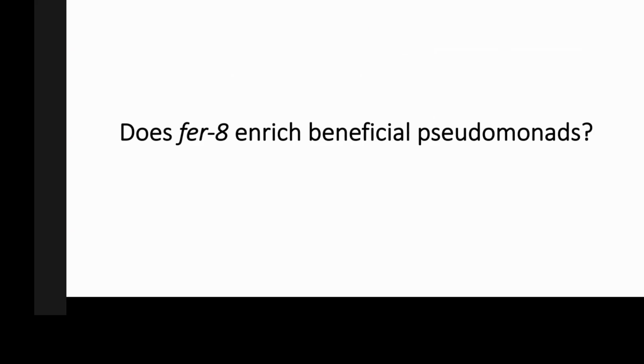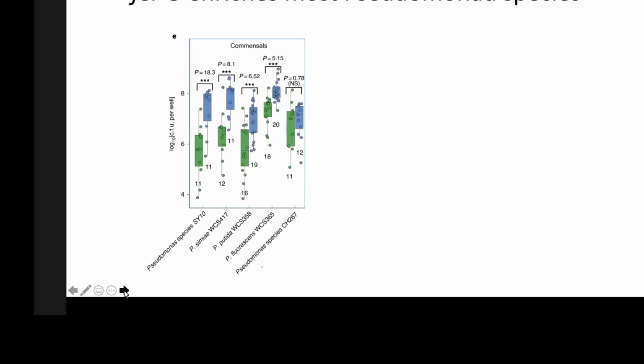And this kind of led them to ask, is FER8 enriching for beneficial Pseudomonads, or is it enriching for just all Pseudomonads in general? And to answer this question, again, they turned to their gnotobiotic system and they looked at commensals. So these are the 5 different commensals, so different Pseudomonas species.